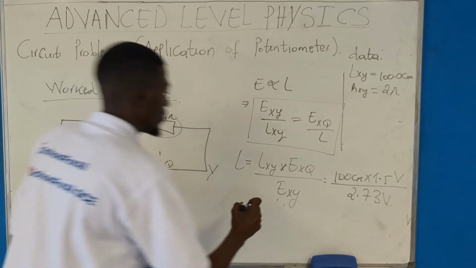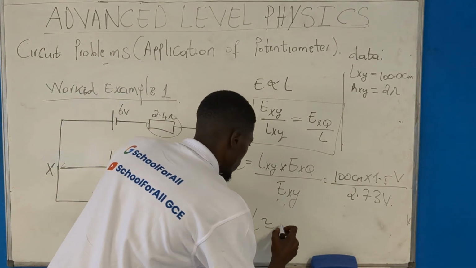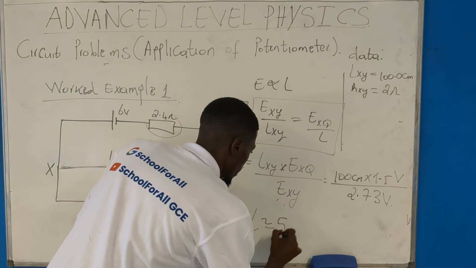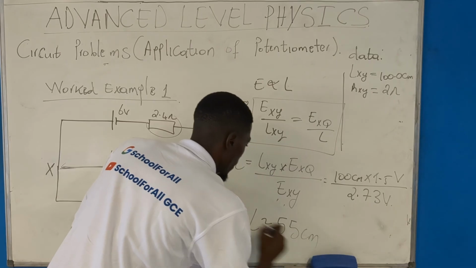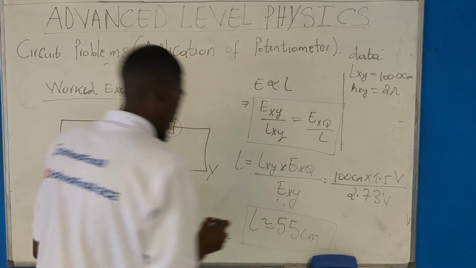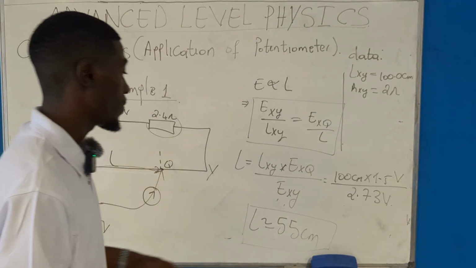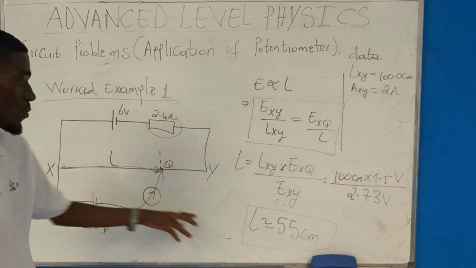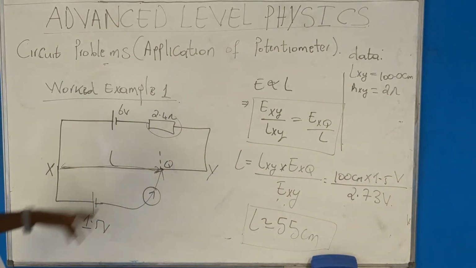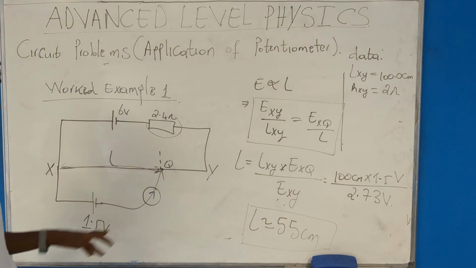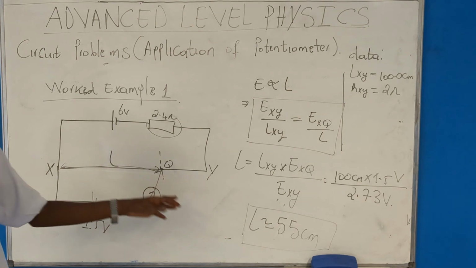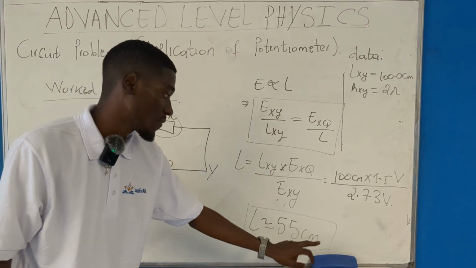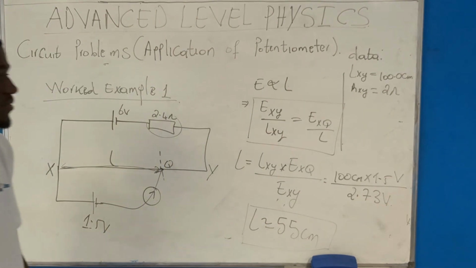L gives us 55 centimeters. That is the length that we should obtain to have a balance point. So that is the length for us to measure this 1.5 volts. For the potentiometer to measure 1.5 volts, the balance point should be at approximately 55 centimeters.